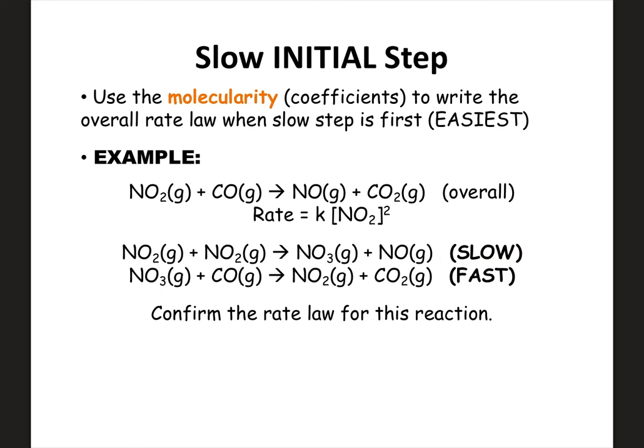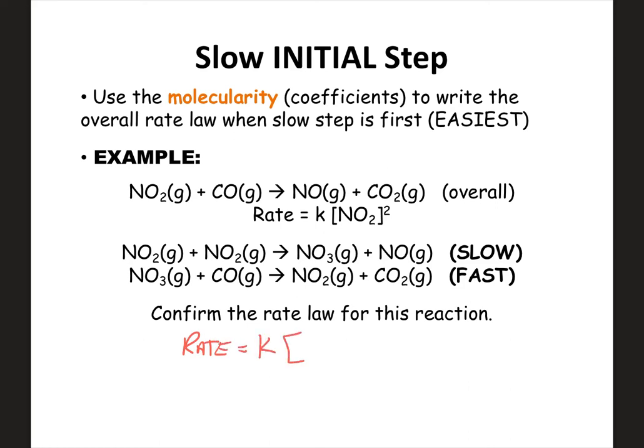All you do is write the rate law based on the stoich of that first step. Remember, you cannot do this for an overall balanced equation, but if you have an elementary step in the mechanism, you can write the rate law using the stoich for the elementary step. Because the first step is slow, that's the one we write the rate law for. So we would have rate equals K times the concentration.